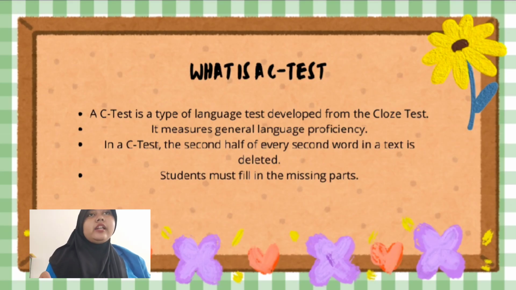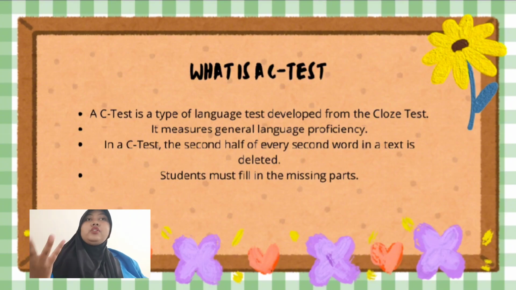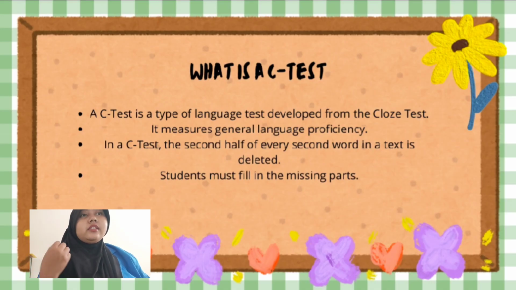Alright guys, in slide 3 we are talking about the purpose of the C-test. To test overall language proficiency, to measure grammar, vocabulary, and reading comprehension, and to provide a quick and objective assessment tool to identify students' learning progress. The C-test serves several important purposes in language assessment.